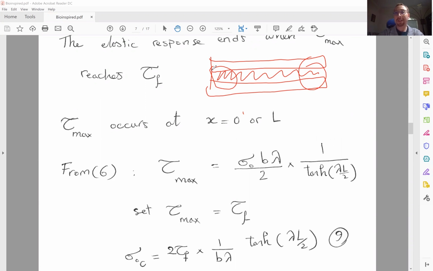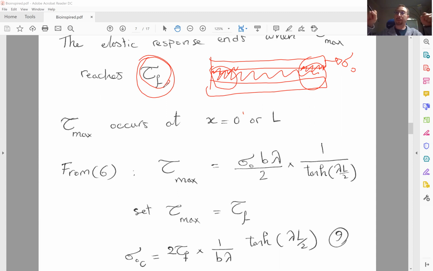And whenever they reach the tau f, so remember, we're gradually increasing sigma 0. So this is our variable. We're gradually increasing that. And as we increase that, the shear stresses in these regions go up. At some point, they reach these values, and that's when the elastic limit is reached at those points.